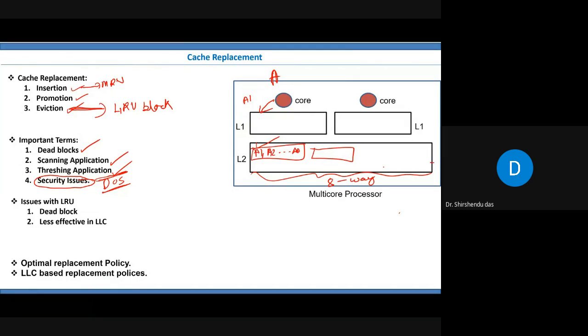DOS attack means denial of service attack. So a performance issue means there will be an application that does something which can degrade the performance of the entire cache. And for this, no suspicious hardware component is required. The application only needs to know the property or behavior of the cache or the memory, and just by understanding the behavior of memory, it will misuse those properties.